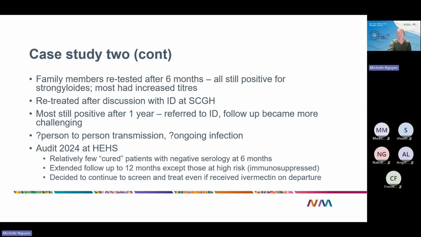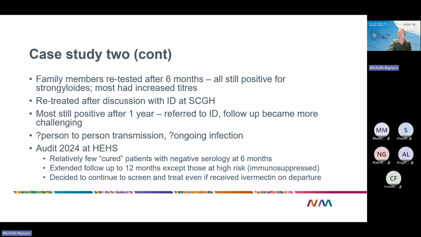So we decided, after the difficulties following up this case, that we'd look back and see what our results were like, so whether we were actually managing to cure people of their strongyloides in terms of their serologies becoming negative again. And we found actually that at 6 months, there's relatively few people we could say were cured.